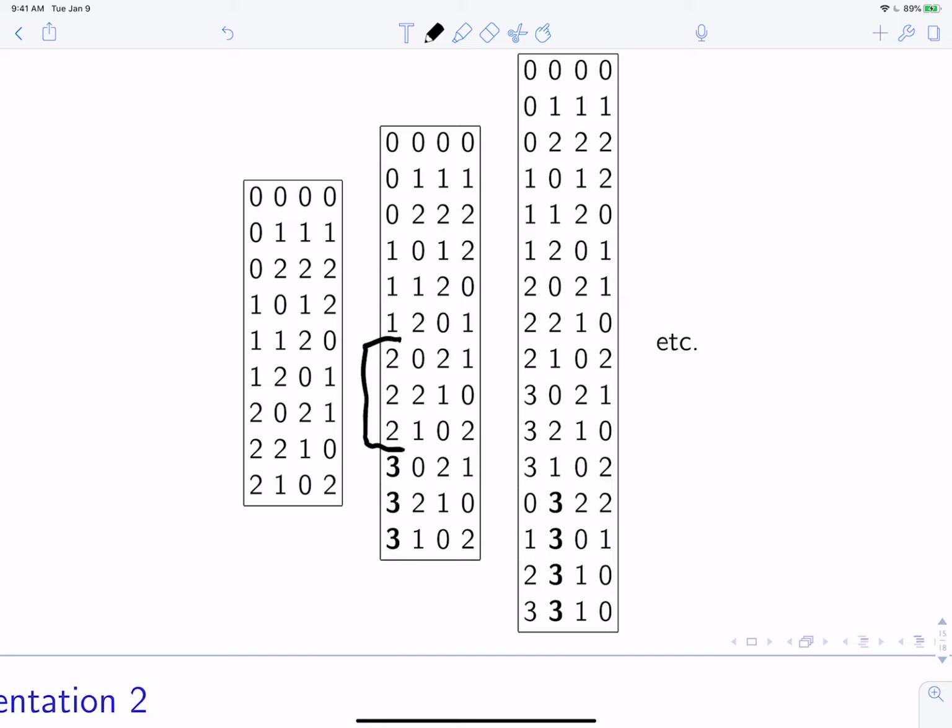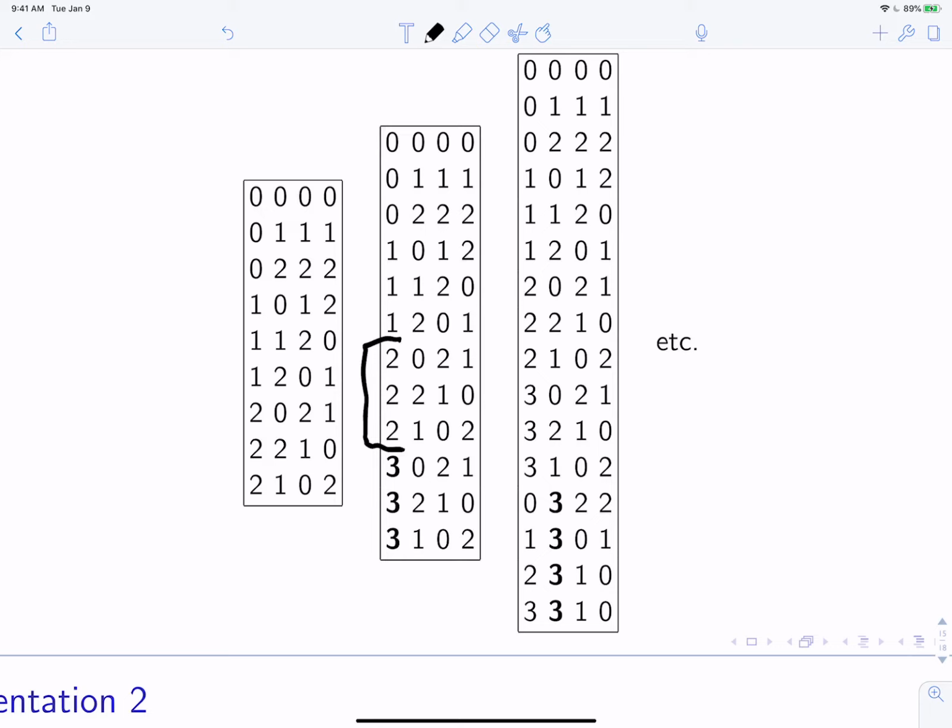And then after that you pick a symbol that occurs least frequently in column 2, and then add rows changing that one symbol to the new one.